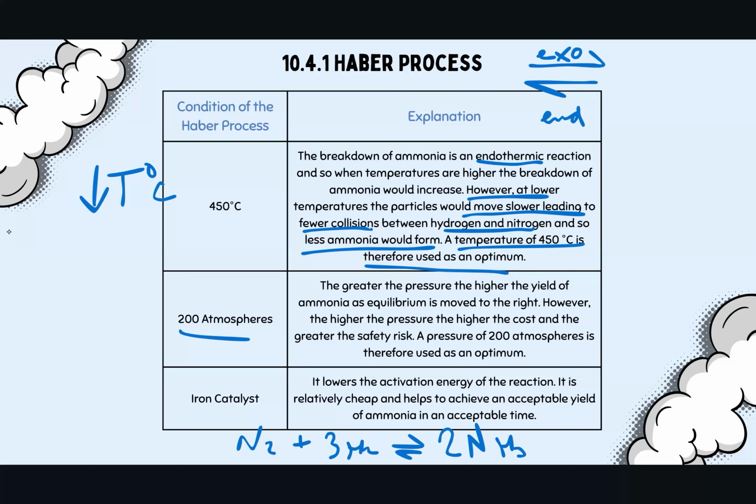So an increase in pressure pushes everything towards the product. So the greater the pressure, the higher the yield of ammonia, as equilibrium is moved to the right. However, high pressure equals higher costs. So they use a compromise pressure of 200 atmospheres.